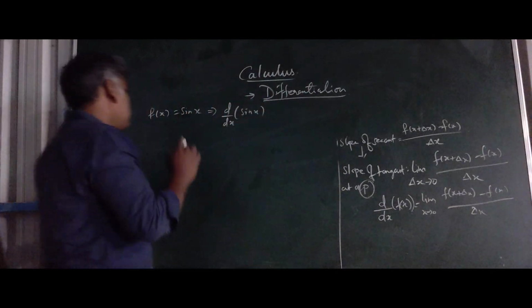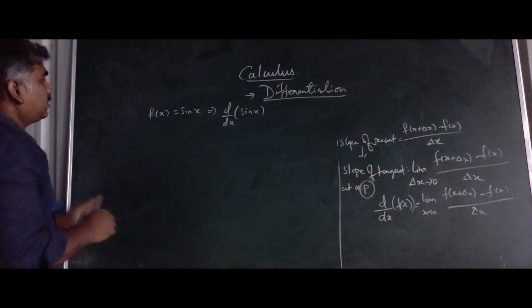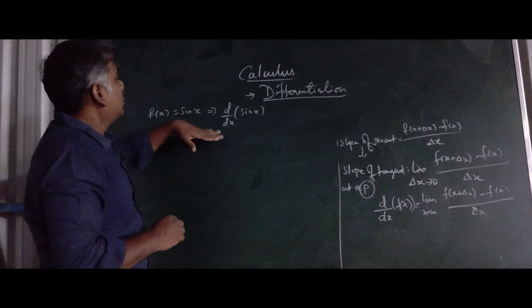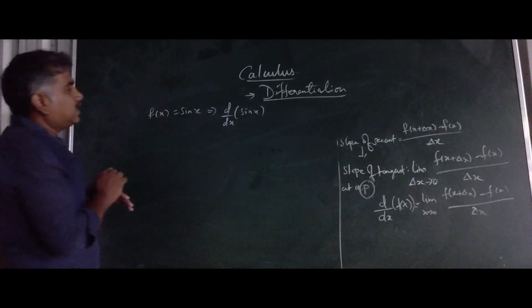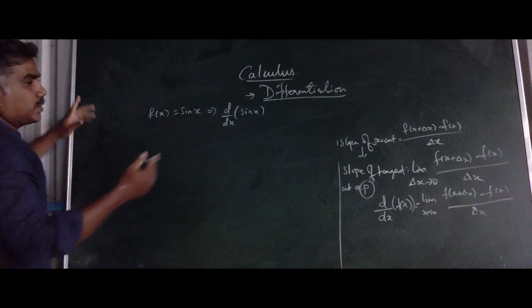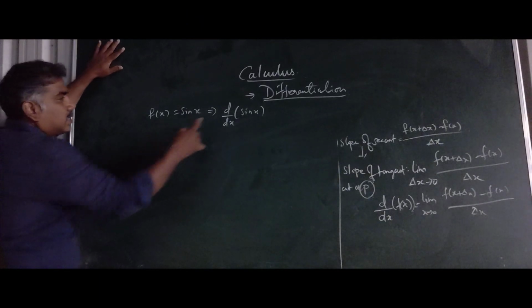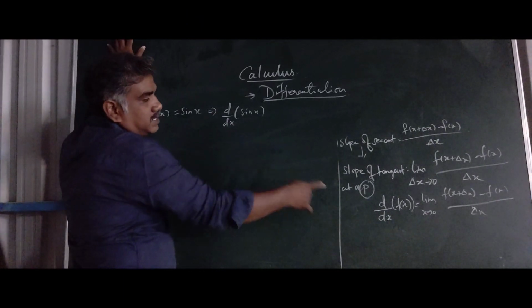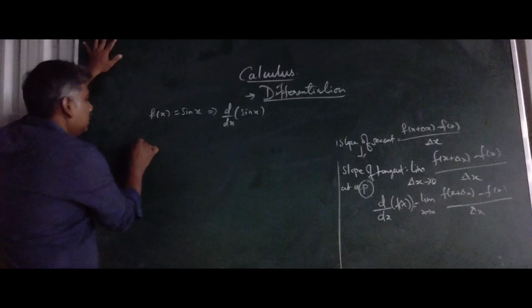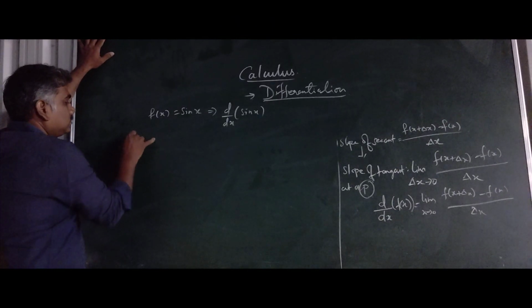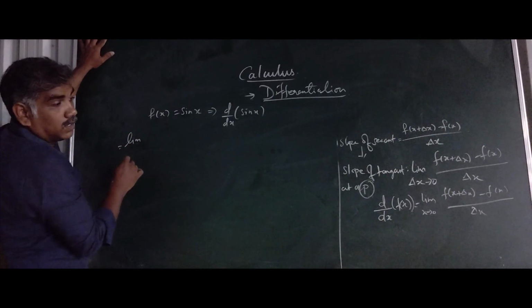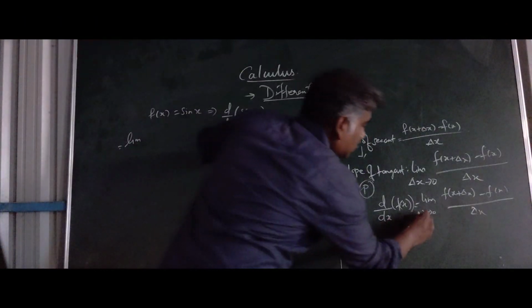Now quickly solve this sum. f of x equals sin x, so I am going to find the derivative of sin x using the formula. Here del x tends to 0, right?